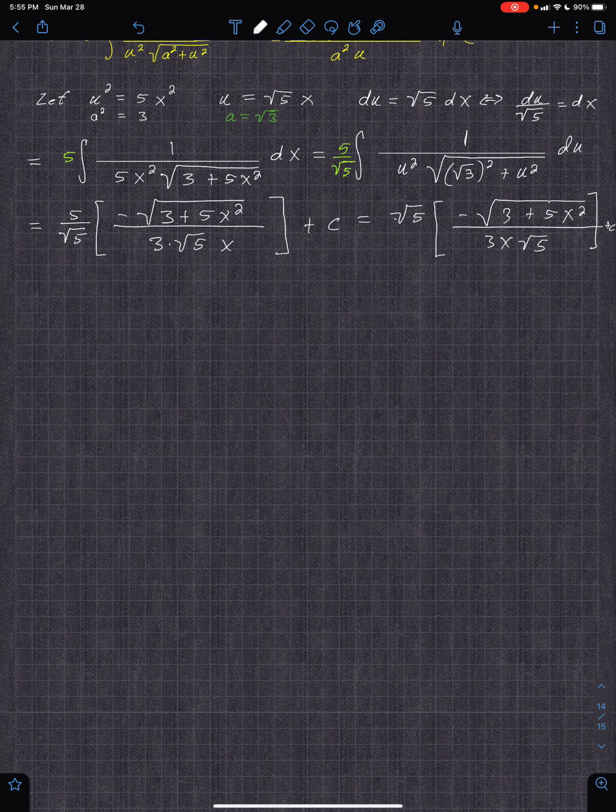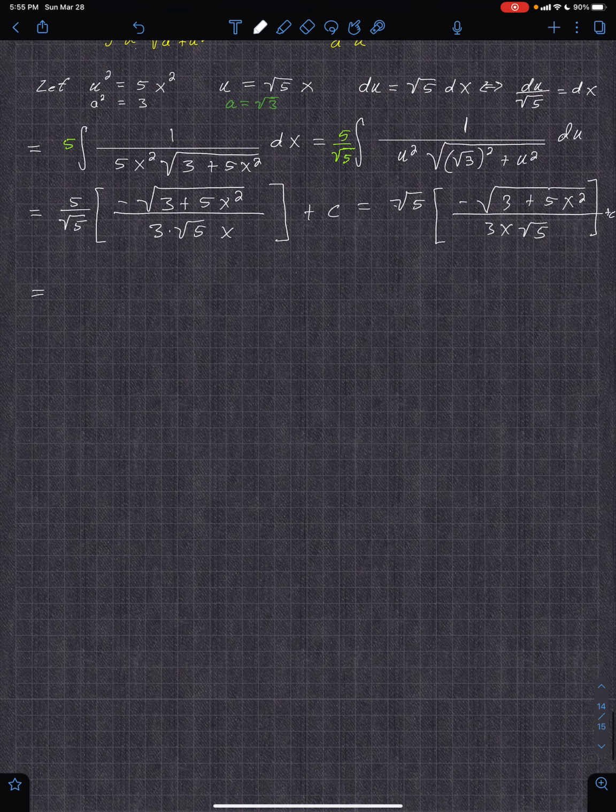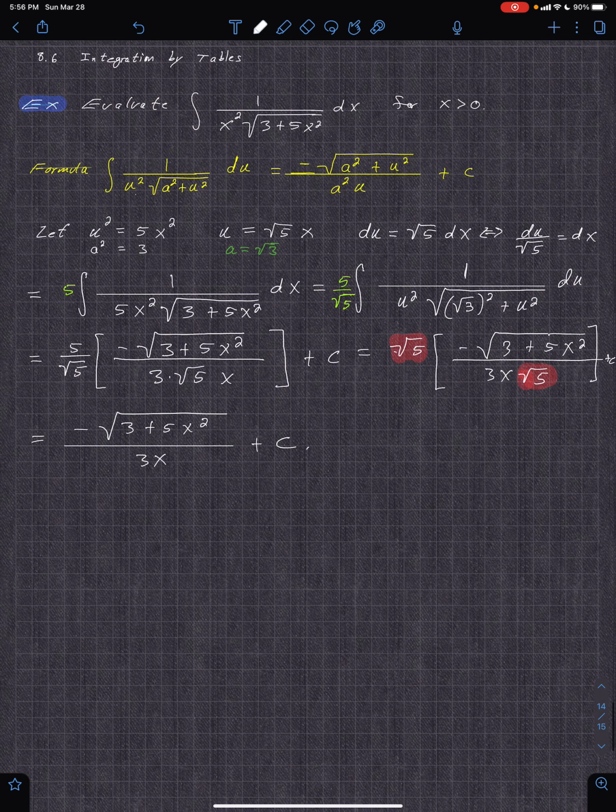Okay. So then you get, and I did highlight that in red here. So that's reduced to 1, and you have just minus the square root of 3 plus 5x squared over 3x plus c. So that's how you do the tables.